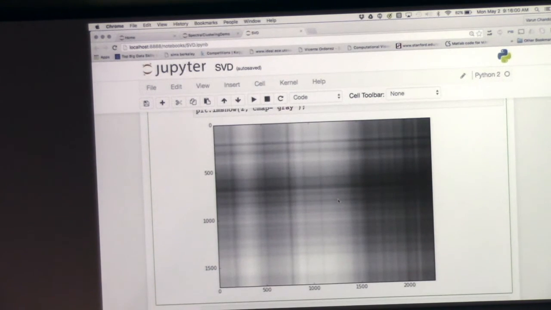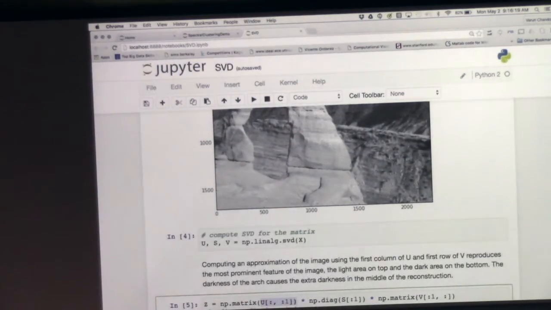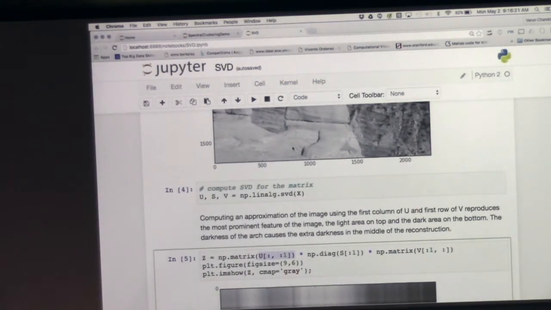So this is what you get. Because we are computing it as a product of one column vector with something else, this has a rank 1. So what the SVD theorem says is that if you construct any other matrix of rank 1, the difference between that and the original data would be least for SVD.